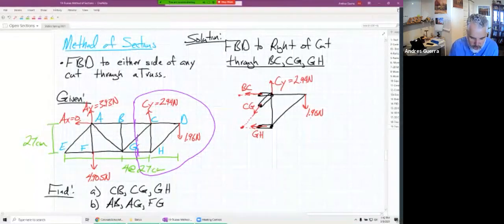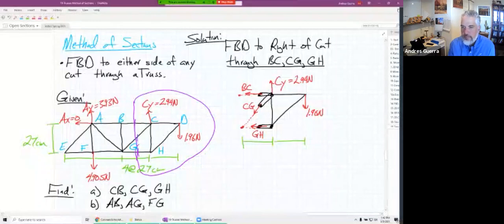Let's get some geometry on here. Notice that I'm including these points right off of my FBD. I do that just so I can see where things intersect, like I can see that CG and GH both intersect at point G right there. It also gives me some reference for naming the forces.